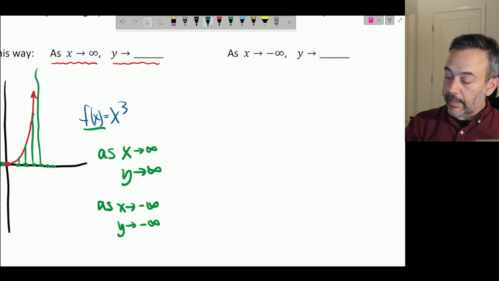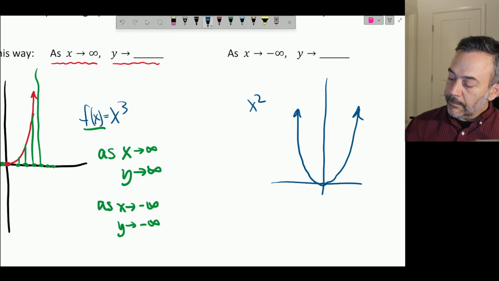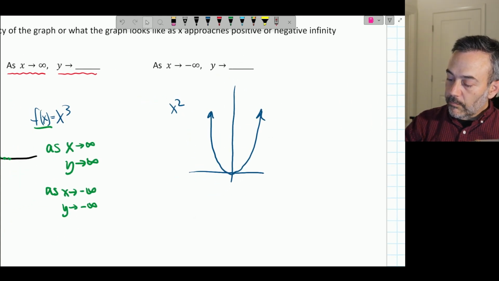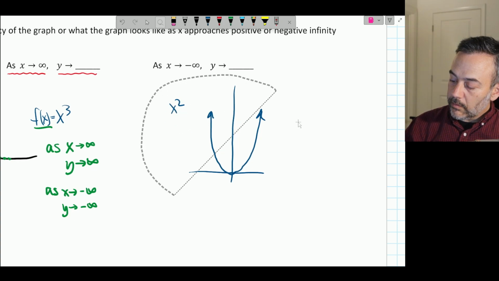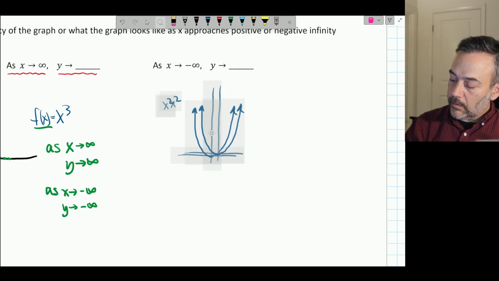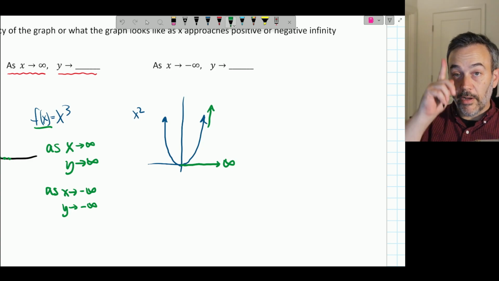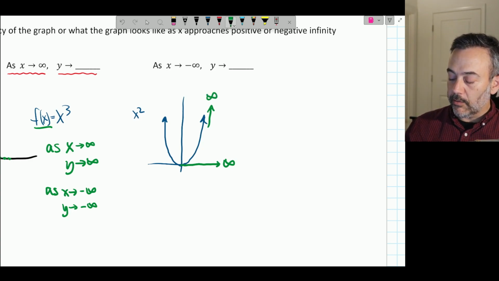Some graphs, like x squared, go up on both sides. For example, in this case, as x goes to infinity, the y values go up, because the graph goes up.